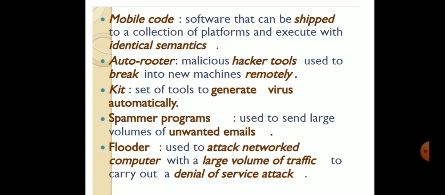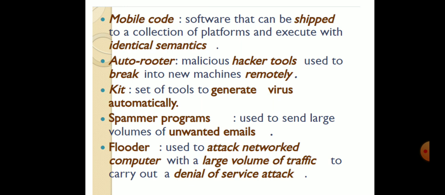And spammer programs. A spammer program is used to send a large volume of unwanted emails to legitimate users. And a flooder is an attacker which floods the network with traffic. For example, it sends a large volume of traffic to create a denial of service attack. What is a denial of service attack?